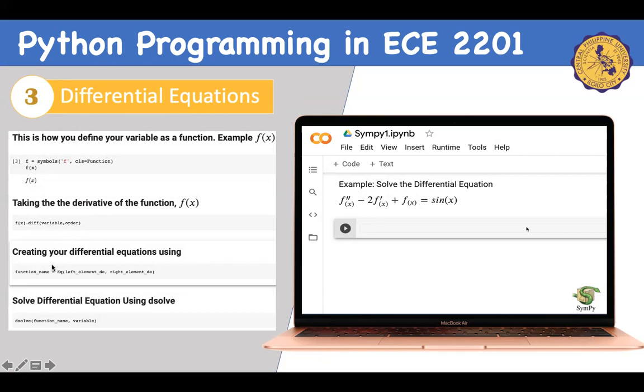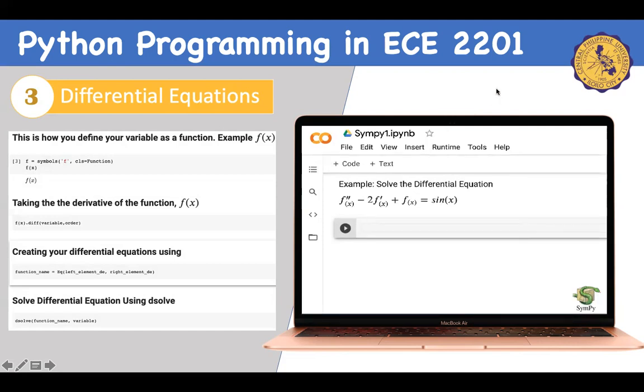And then to create your differential equation, we will be using this equation. Later on I will be coding this so that you will see how to create the differential equation. Now to solve the differential equation, we use dsolve, just like in MATLAB.